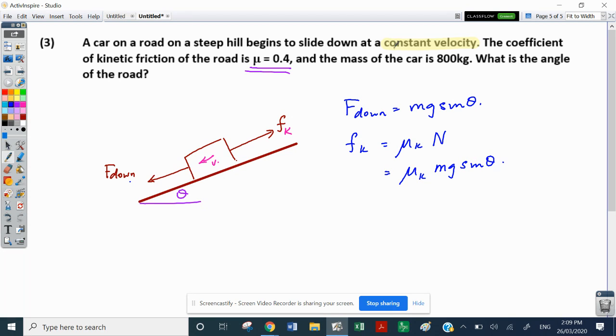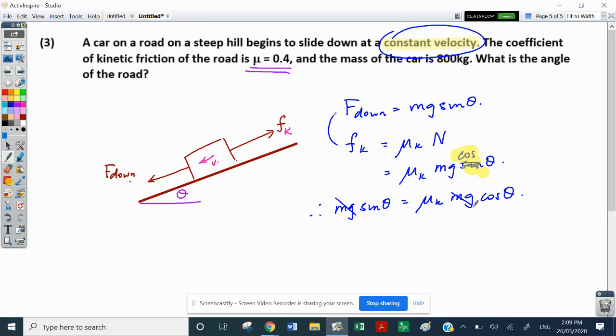And because it's a constant velocity, we know that these two things must be equal. Therefore, mg sine theta equals mu k mg cos theta. Oops, I've written a sine there; that should be a cos. Apologies for that. So please make sure you change the notes from that to that, please.